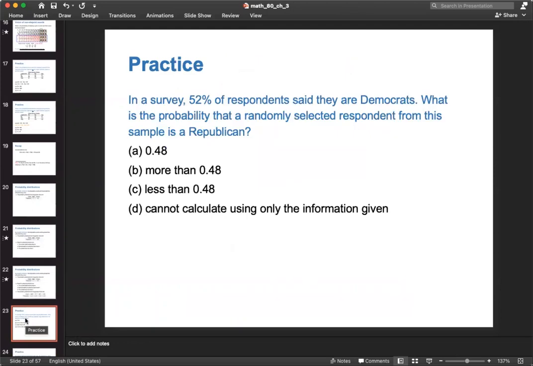All right, let's take a look at a survey, and let's do a 1 minute timed exercise for this one. In a survey, 52% of respondents said they are Democrats. What is the probability that a randomly selected respondent from this sample is a Republican? Let's take exactly 1 minute to go through this.